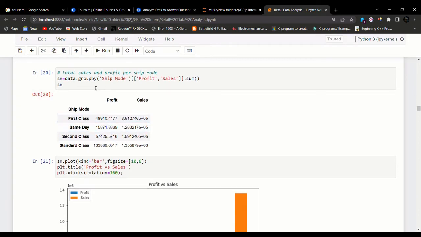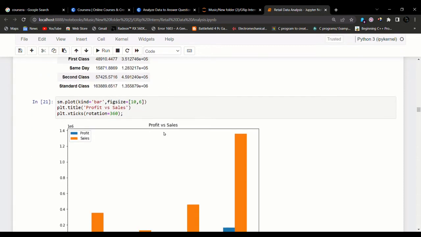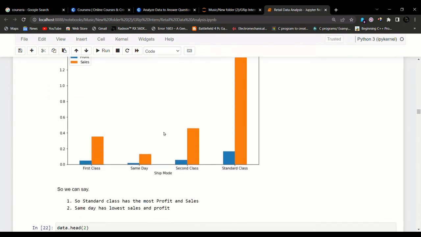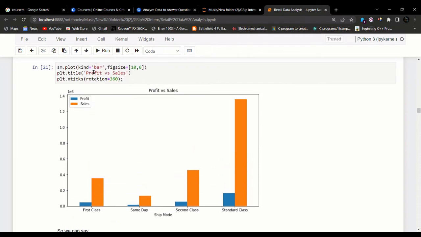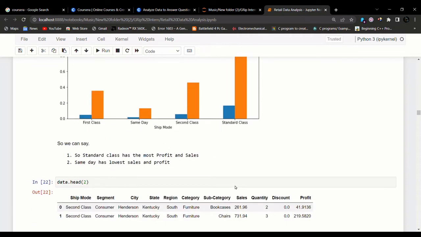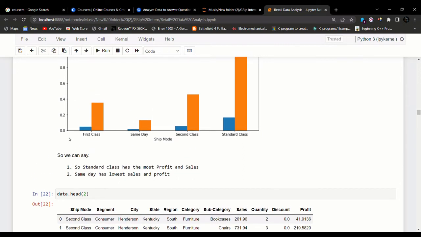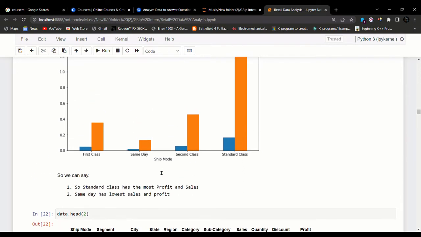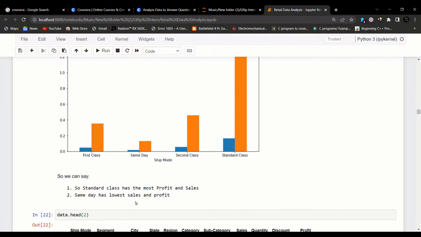You can see we have used the group by function to group the profit and sales per ship mode. Here is the chart of the same. So we can say that standard class has the most profit and sales, and same day has the lowest sales and profit.